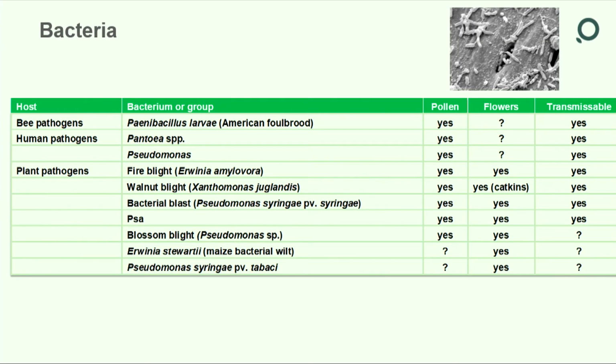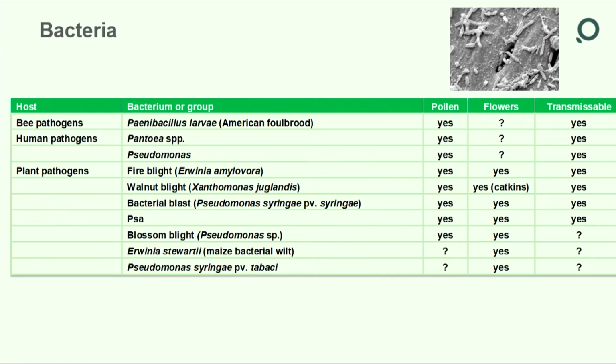So moving to the bacteria, once more there's a bee pathogen called American foul brood, where there is a lot of evidence that it is pollen transmitted. We don't actually know whether it contaminates flowers as well, but if it's on pollen, I'd say that it probably does.